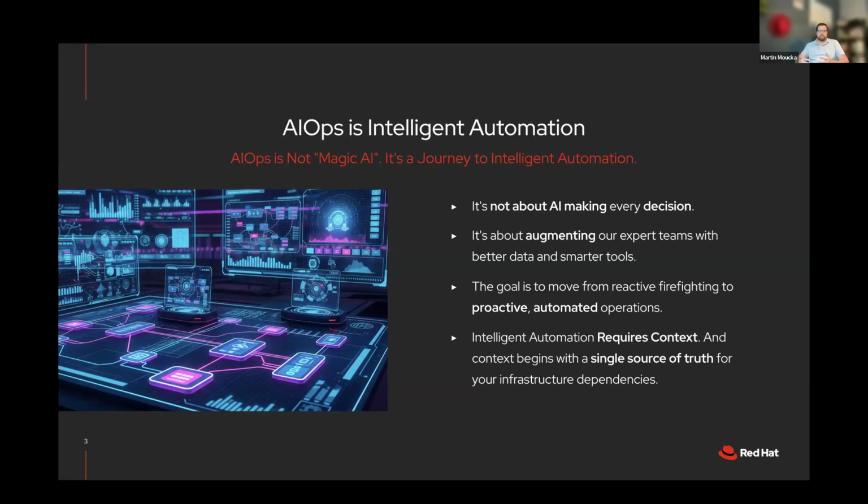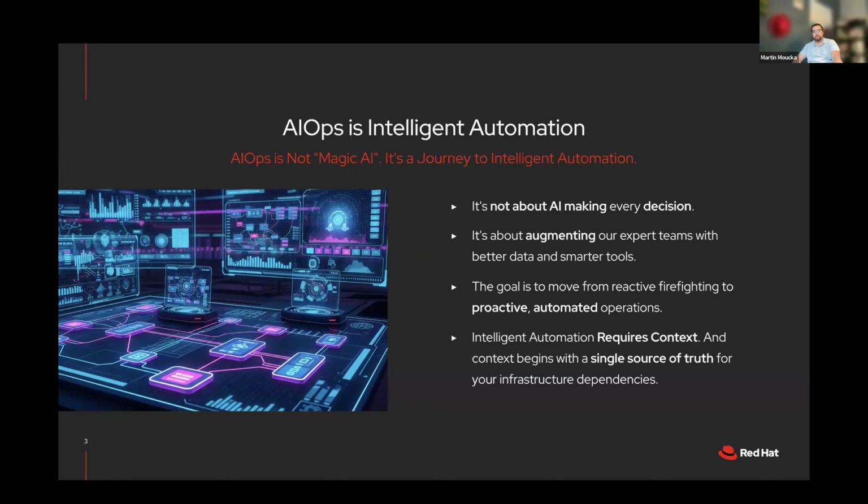For that, as I said, you need the context. So you need a single source of truth showing, in a machine-readable format, how things are actually connected and how things are dependent on each other. You have to go from the very bottom layer of infrastructure up to the application stack and individual application resources, because one application is not just one VM running somewhere, but multiple resources that are connecting to each other and talking data.